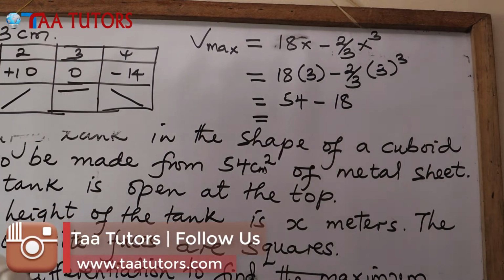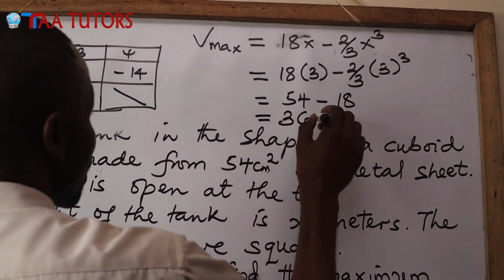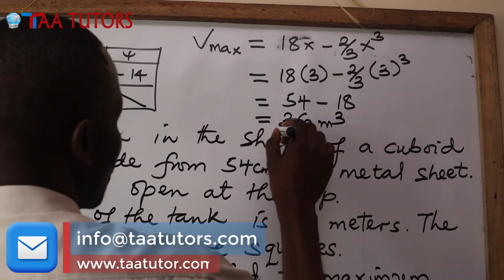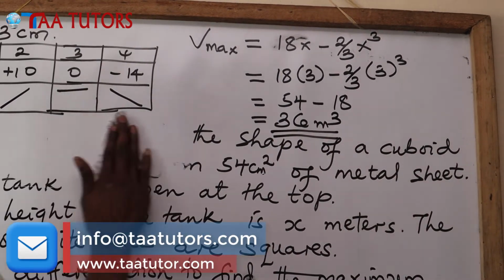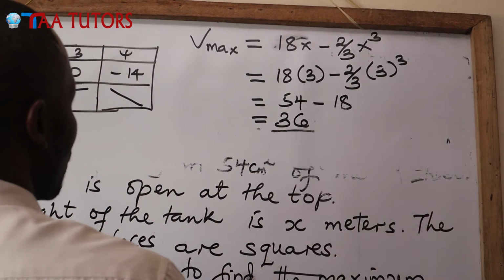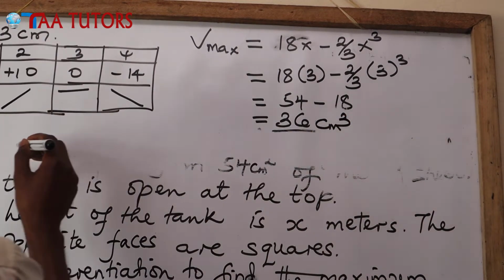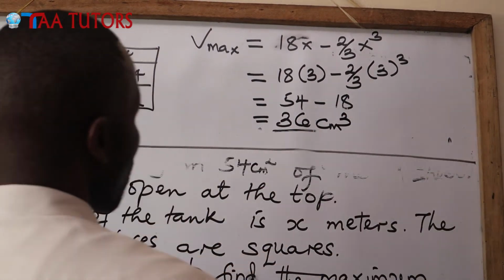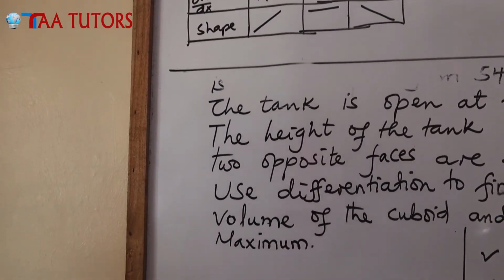So 54 minus 18 is 36. The maximum volume here is 36 centimeters cubed.